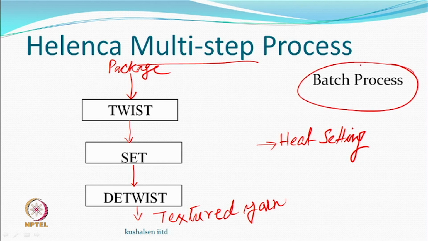So, you will do many batches in one way, maybe there are many spinning heads, spindles where you are twisting, that you take the packages, put them in somewhere for setting, then take them out, cool them, detwist, and then get another package where you will have textured yarn. So, this is a multi-step process which is a batch process.